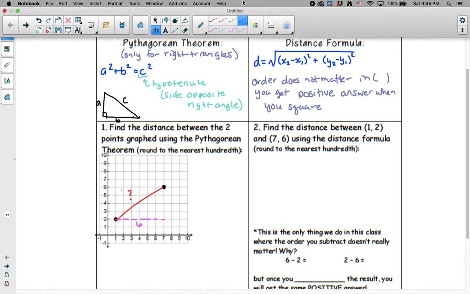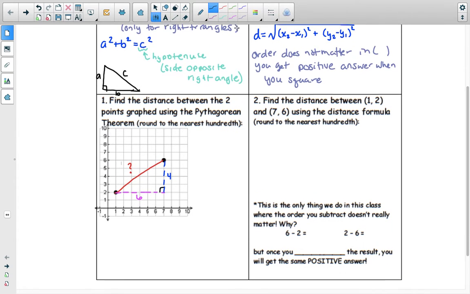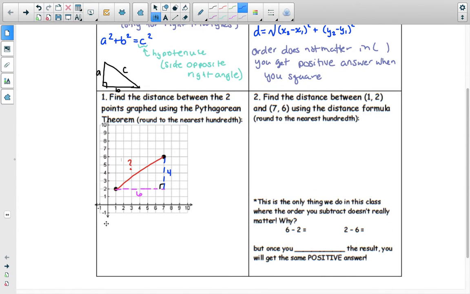Then we're going to do our vertical distance. From here, at the ending of our horizontal, we're going to count up because that's our vertical change. This is counting 1, 2, 3, 4. This is a distance of 4 units. Now that we have our right triangle, we can use Pythagorean theorem. So we're going to use a squared plus b squared equals c squared.